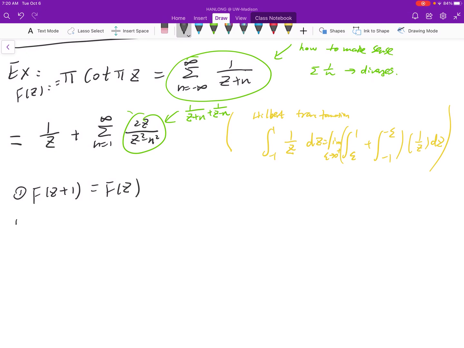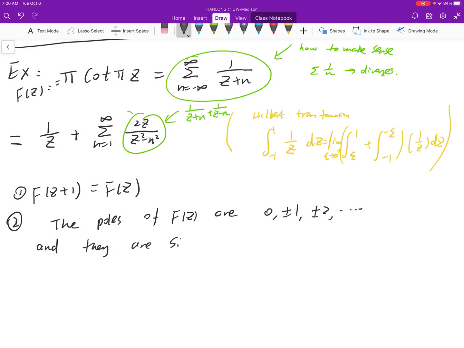Secondly, we already know that the poles of F(z) are 0, positive and negative 1, positive and negative 2, all the way up, and they are simple poles. Moreover, the residue is 1.